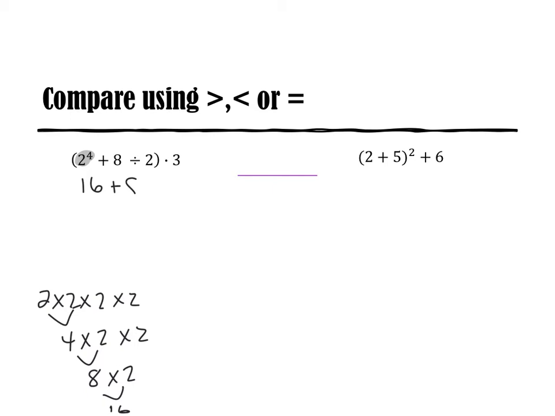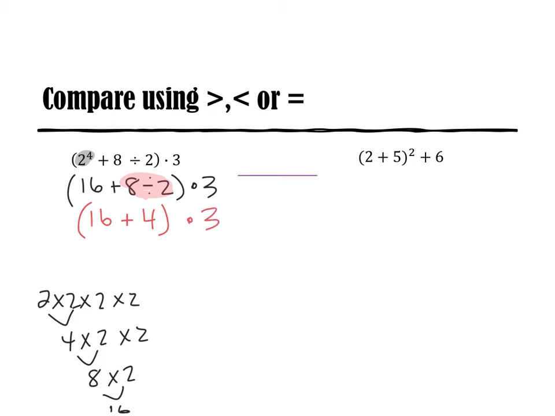Now I'm going to bring down everything else. Keep your parentheses, times 3. So still in our parentheses, we have to follow order of operations. And the next thing that we need to do is going to be division. 8 divided by 2. 8 divided by 2 gives us 4. We're going to bring down everything else. Keep your parentheses.